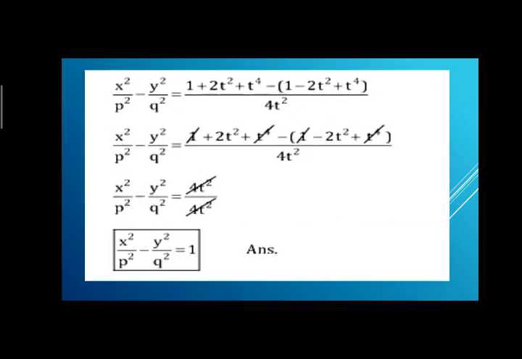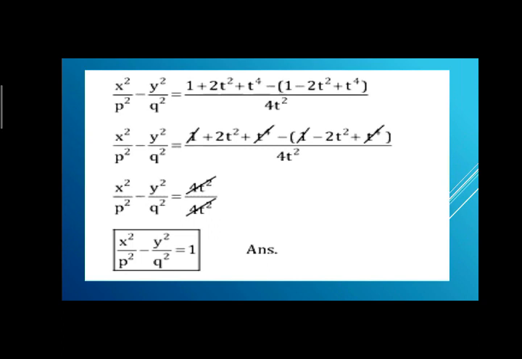Now we just further simplify the term, that is x square by p square minus y square by q square is equal to, after applying the formula, 1 plus 2t square plus t to the power 4, minus common, and then apply the formula on (1 minus t square) whole square, that will become 1 minus 2t square plus t to the power 4. Multiply the minus sign with all these three terms, that is 1 minus 2t square plus t to the power 4, that will become minus 1 plus 2t square minus t to the power 4.